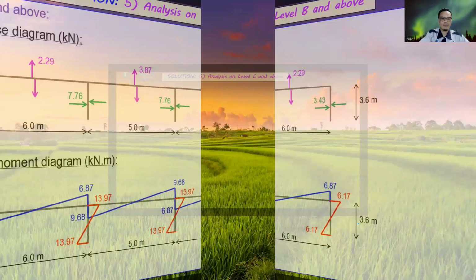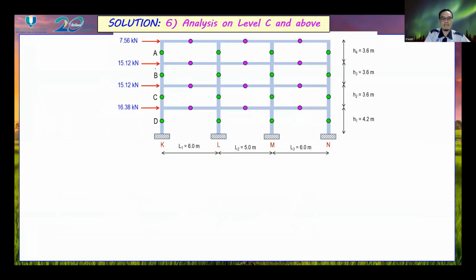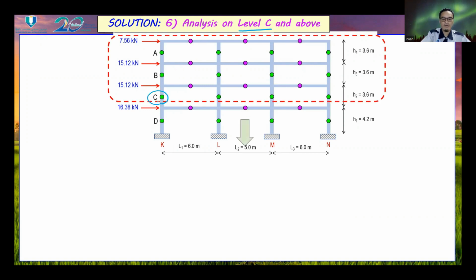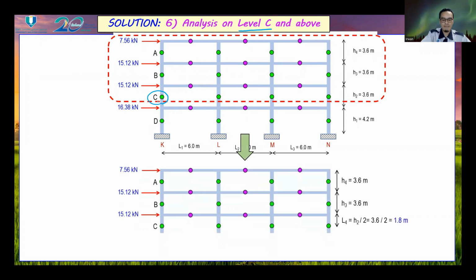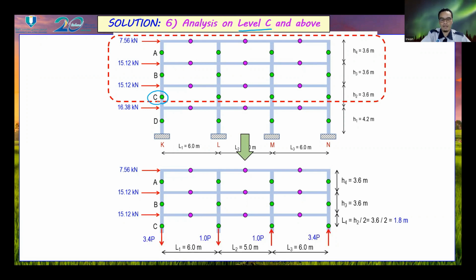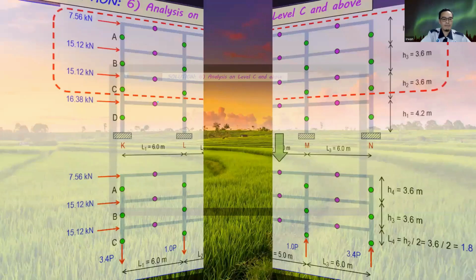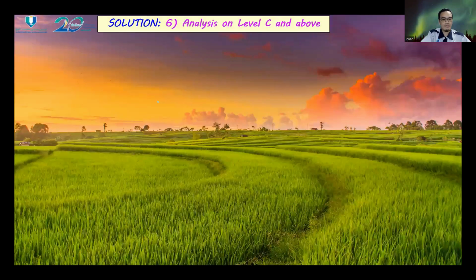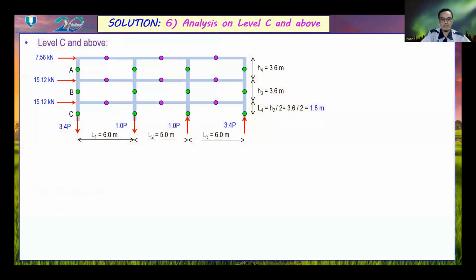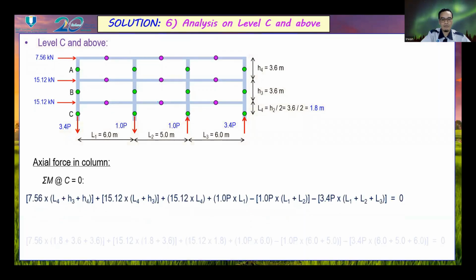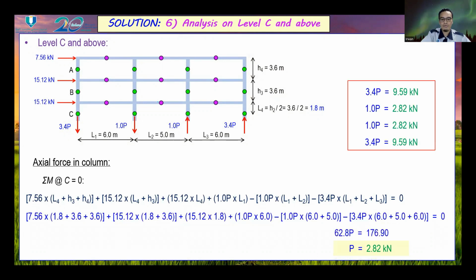Next, we can move to step number 6, which is the analysis on level C and above. Now we focus on level C and above. We can extract the subframe like this one, and we consider the axial load in the column. We can find the value of P for this case, which shall be equal to 2.82 kilonewton.